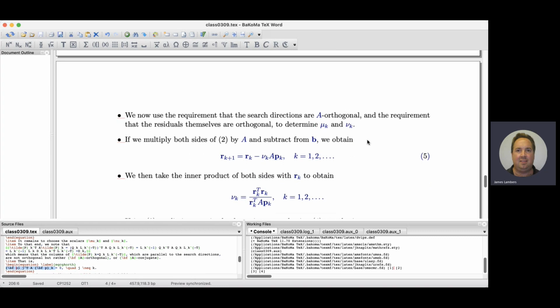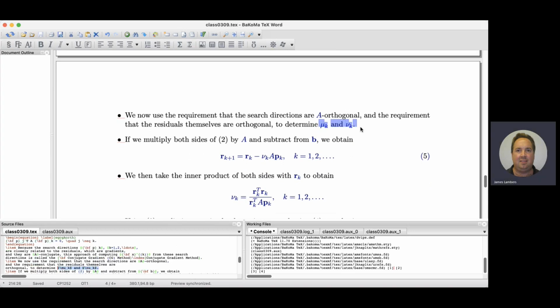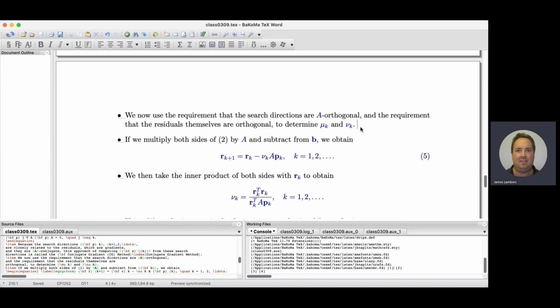Now, we still need these constants that help us get our iterates, our x's, and also our new search directions. Now that we know the search directions are A-orthogonal and the residuals have to be orthogonal, these are criteria that help us get formulas for these scaling factors.